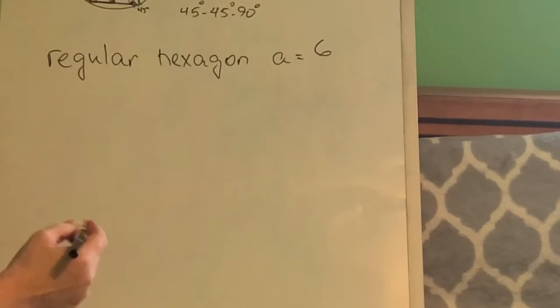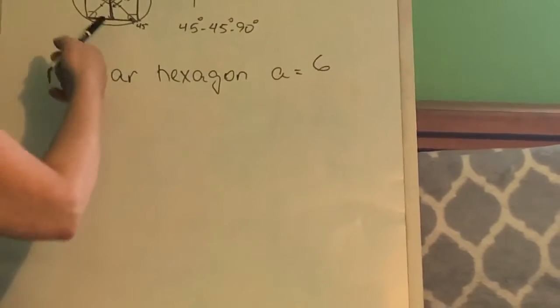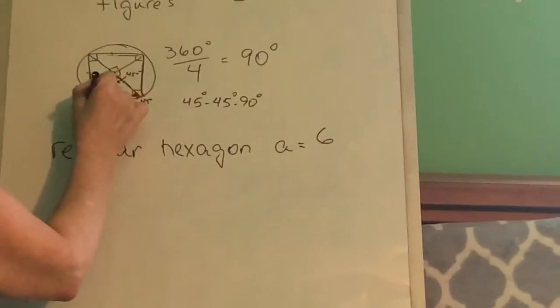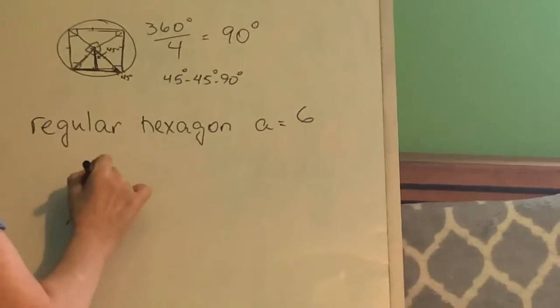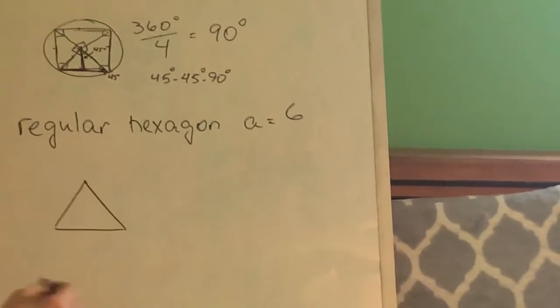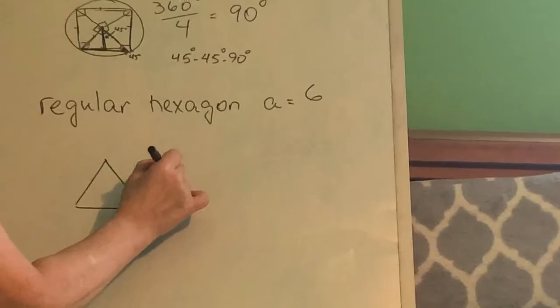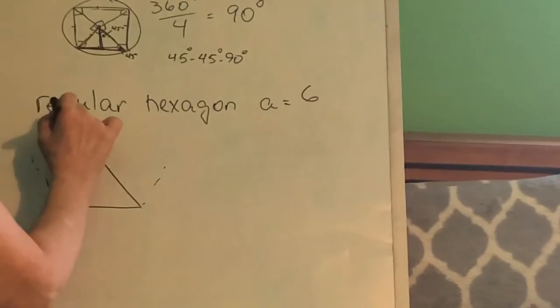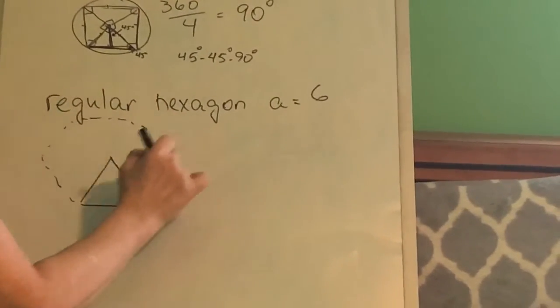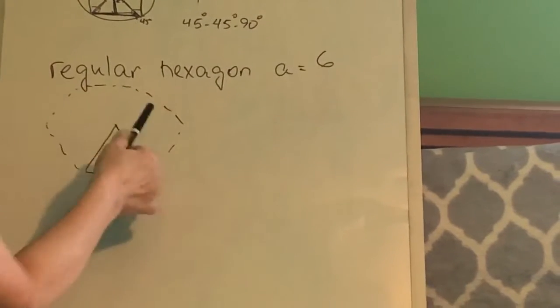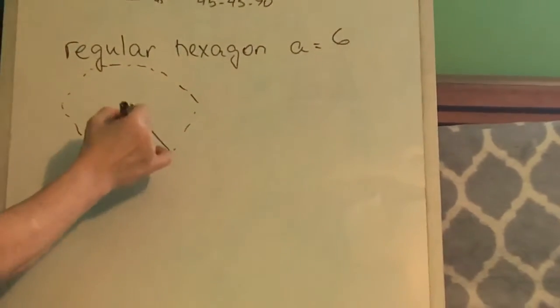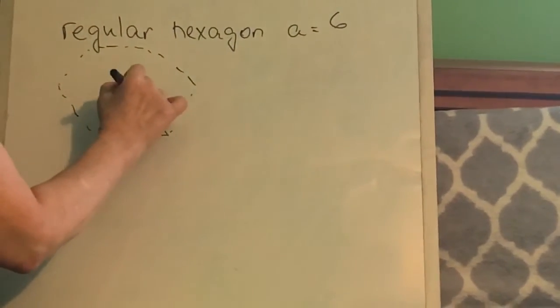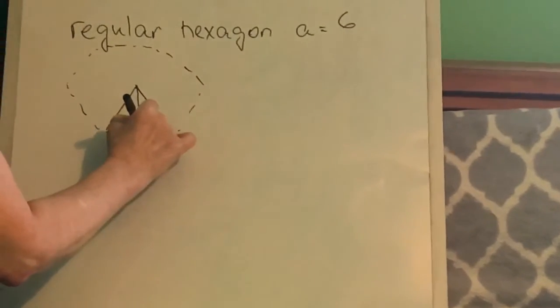Okay, now a hexagon is a 6-sided figure, but you can see here all we really worked with is this. So I can go ahead and draw my triangle. Now keep in mind, this is part of a hexagon that's going to continue on around here.